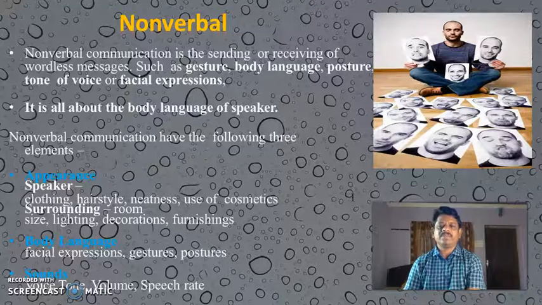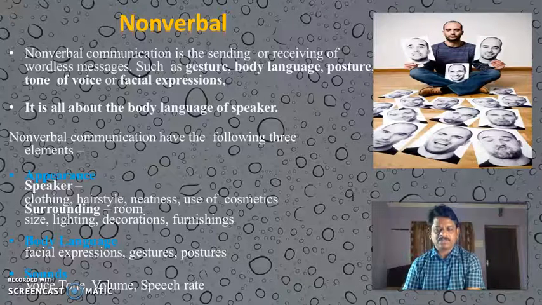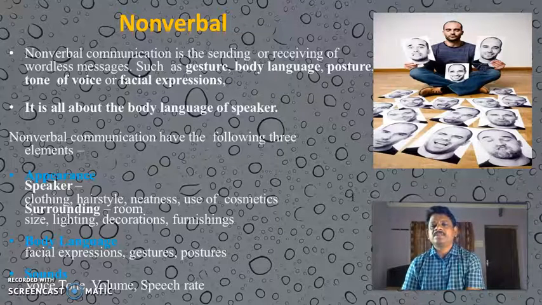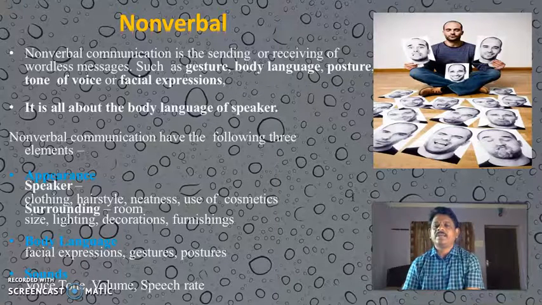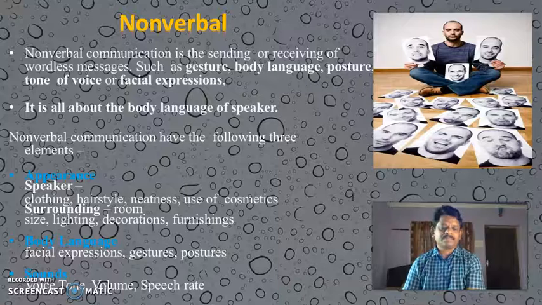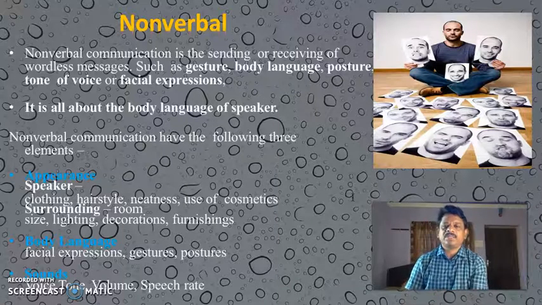Orally you are conveying something, but if your appearance does not match your words, the impact of the communication may not be there. That is the importance of appearance, right? It includes clothing, hairstyle, neatness, use of cosmetics, and surroundings, such as the room, its size, light, decorations and furnishing. All these are very important in communications.